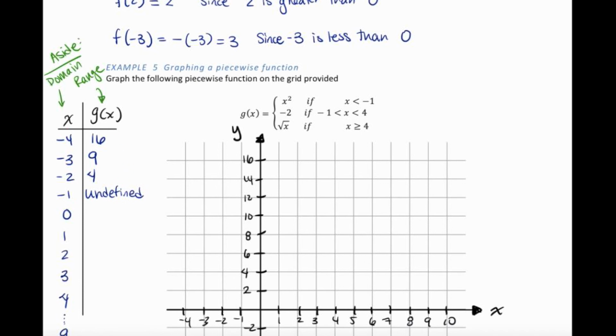So let's just draw this portion of the graph. This is the x squared portion. I'm going to go over here to negative 4, and that takes me up to 16, and that gets a dot. Negative 3 gets a dot at 9.